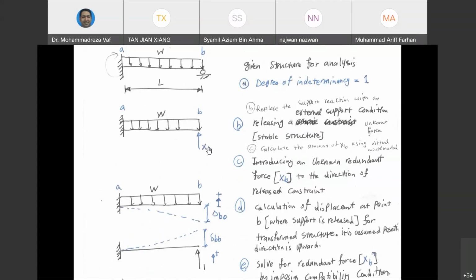The moment that I remove it, the beam is going to have a deflection at that point. I call this deflection delta BO. I need to push back this deflection to its original location such that deflection becomes 0. In that case, if deflection is 0, then this beam is going to represent the real structure. So in order to do that, I'm going to apply a unit load to this beam.